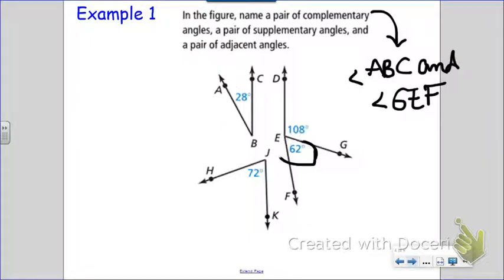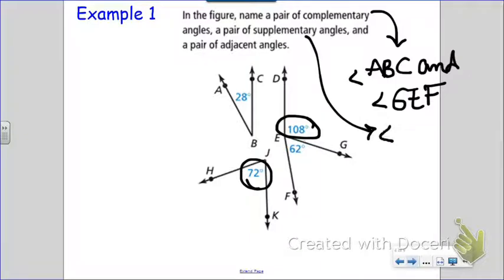Next, we want two angles that are supplementary angles. These two have to equal a total of 180 degrees. That would have to be 108 plus 72. So for supplementary angles, angle DEG and angle HJK.